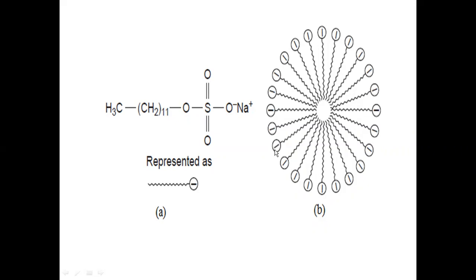All the negatively charged heads will be pointing outward, and all the hydrophobic tails will be pointing inward. So these hydrophobic tails agglomerate together by pointing inward, and the negatively charged heads point outward. As a consequence, due to the agglomeration of 40 to 100 surfactant molecules, a micelle has been formed. Here, the micelle is going to play a very important role.